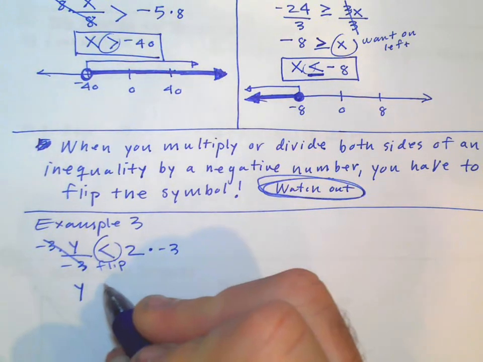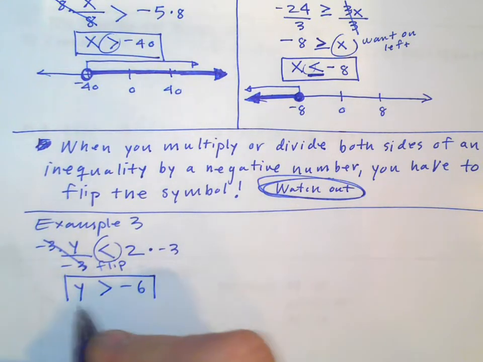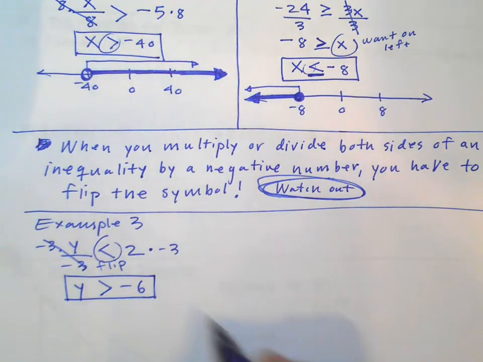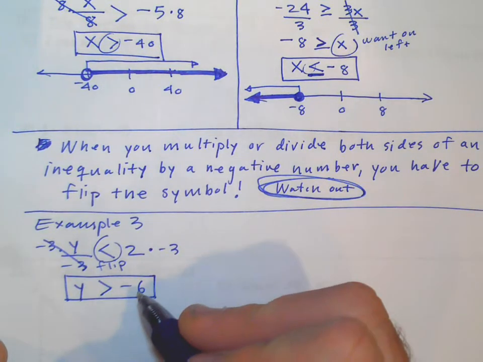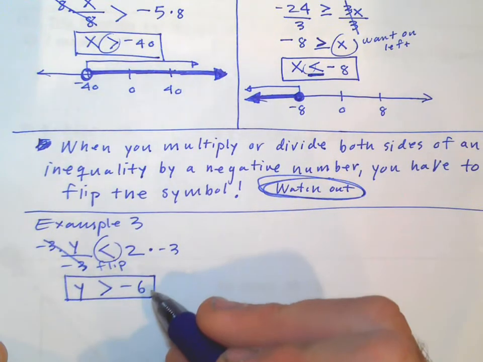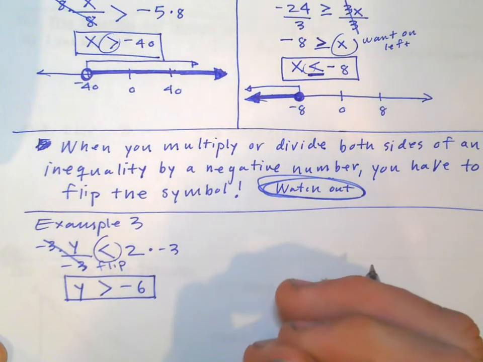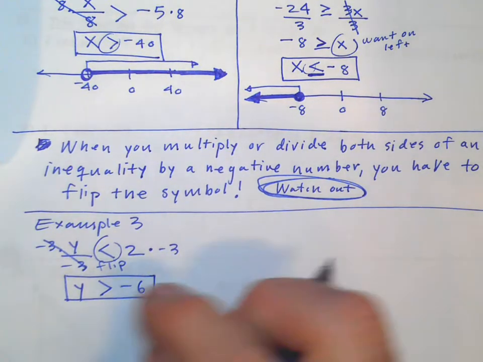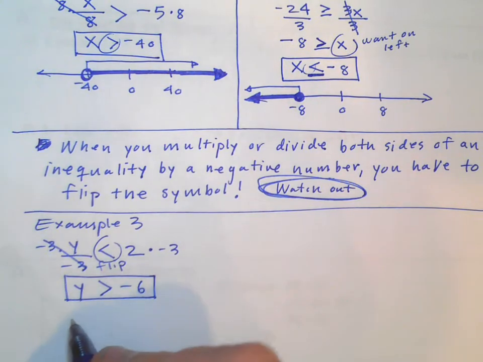So it's going to be y is greater than negative 6. And we could check this. Say 0 is greater than negative 6. So if you plug 0 in here, it works. Plug 0 in the original, does it still work? 0 is less than 2? It does. So if you test something in here and it works, it should also work in the original problem.